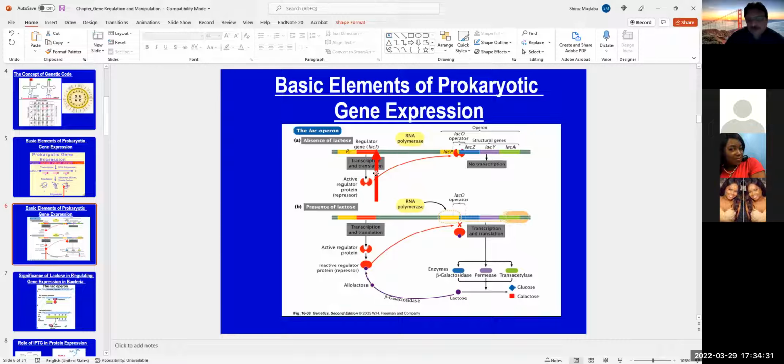So in the absence of lactose, this doesn't need to operate, right? So what happens? This doesn't operate because lactose is absent. So who controls this, so that the gene doesn't function?